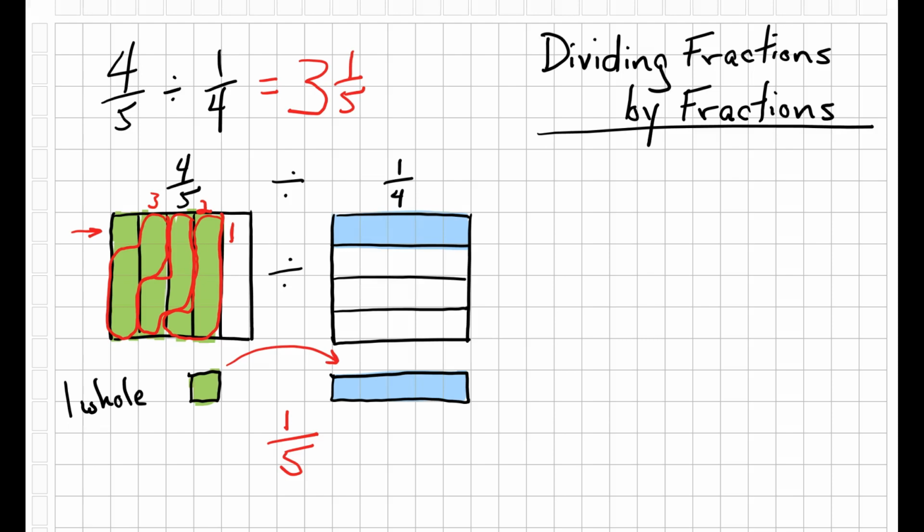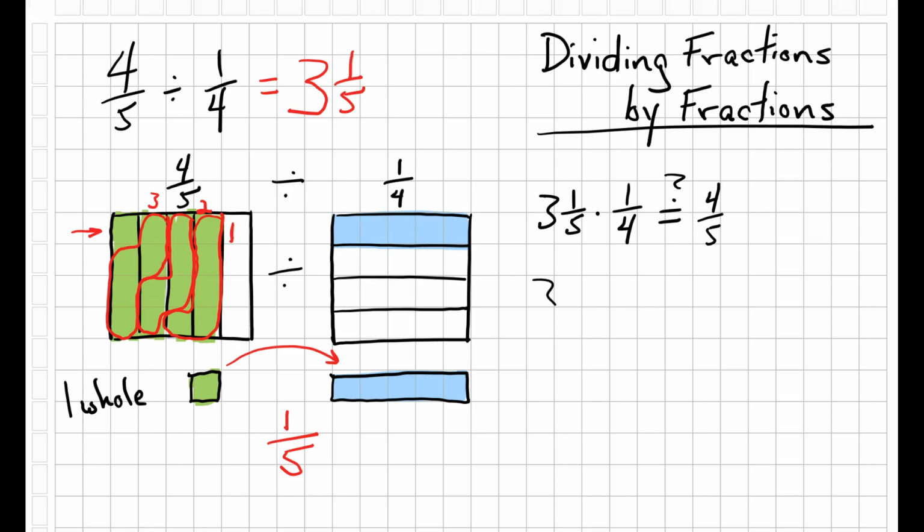And again, I can check my work by doing my multiplication. If 4/5 divided by 1/4 is 3 and 1/5, then 3 and 1/5 times 1/4 should be equal to 4/5. Let's check and see if it is.